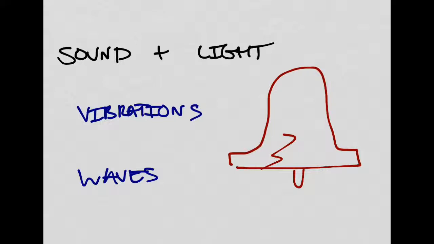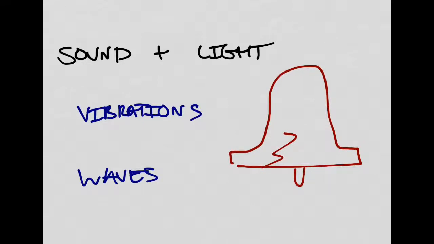Vibrations need time to vibrate. They vibrate back and forth, but on net, they don't move through space. So you hit the bell, it rings, but when it finishes vibrating, it's still in the same spot. So on net, it doesn't move through space. So a vibration is a wiggle in time.